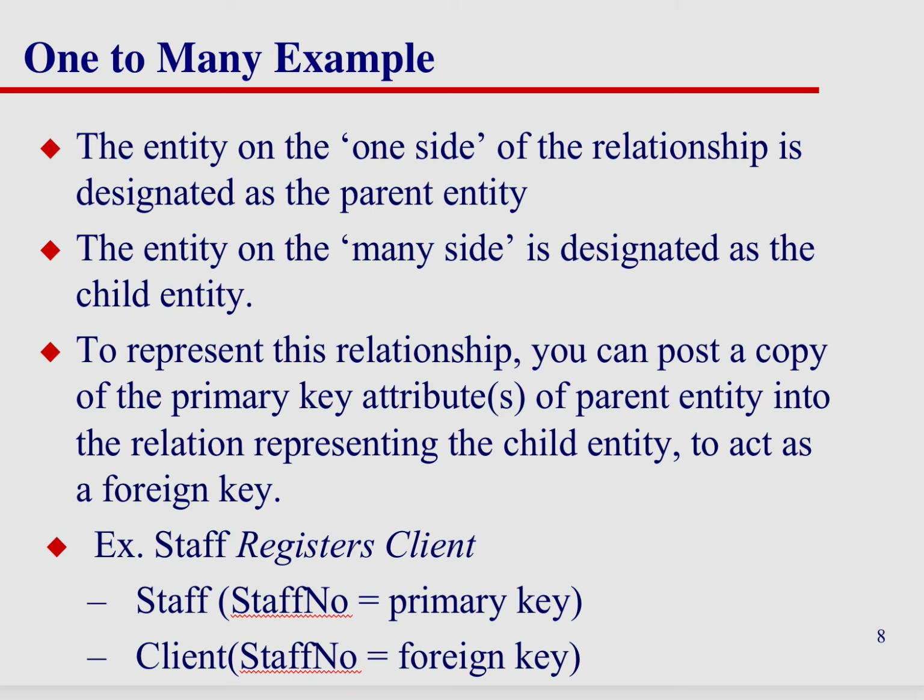Client could get staff number added in, just like we did with the instructor social security number. We can put staff number into the client table. This works because it's a one-to-many, that a staff has many clients, but a client can only have one staff. Because of that, in the client table, you could just put a link to the staff number. And that only works because it's one-to-many. If it was many-to-many, this wouldn't work.